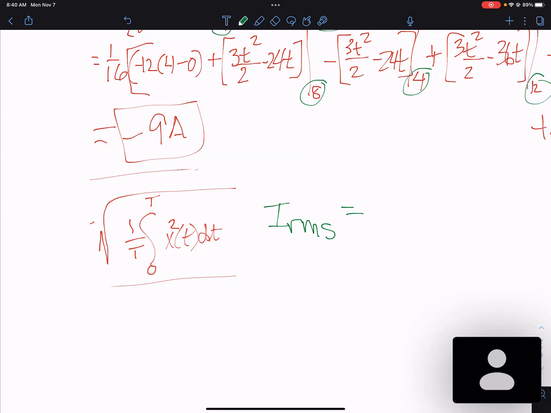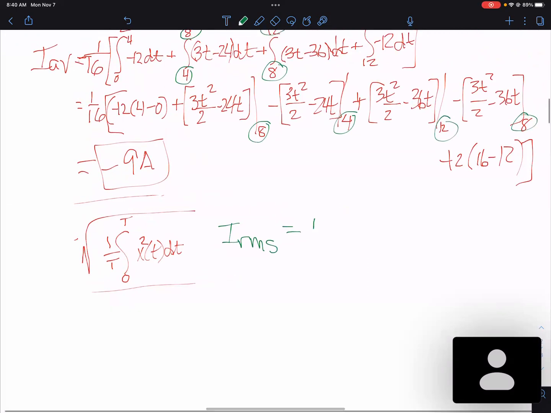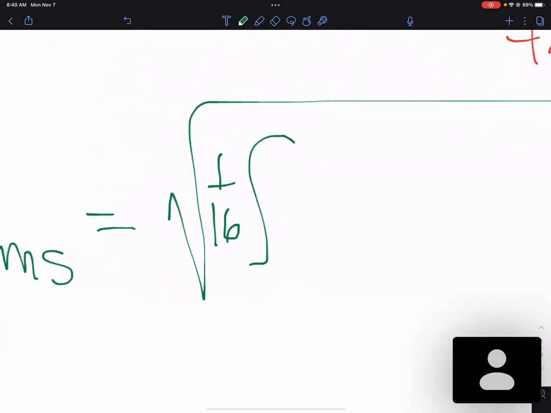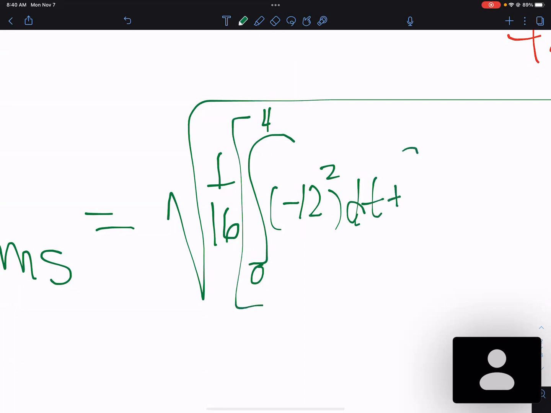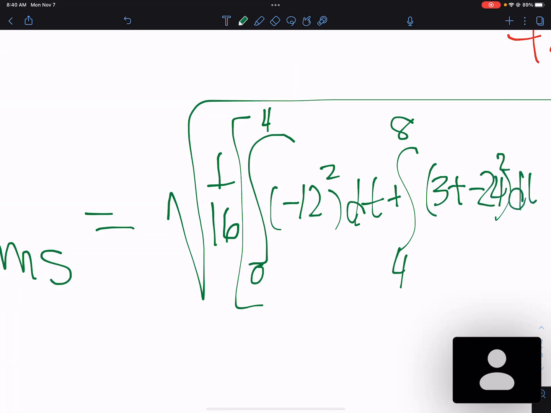All right, so we have now the square root of 1 over 16. And then we're going to integrate each one of these. So you're going to do again, the 0 to 4, and then this will be minus 12 squared dt, plus 4 to 8, 3t minus 24 squared dt.